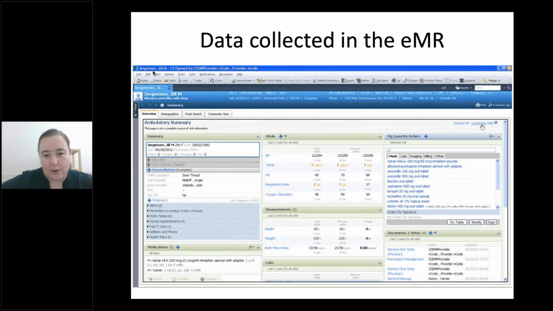You've got things like vitals, so we can get a temperature, heart rate. We have height and weight. We've got what medication they were on, what lab results they had. We can get out what documents were written. We've got what diagnosis they might have, what treatment they might have. So it has a lot of information about a patient, obviously not everything that you wanted to know, but quite a bit of information.